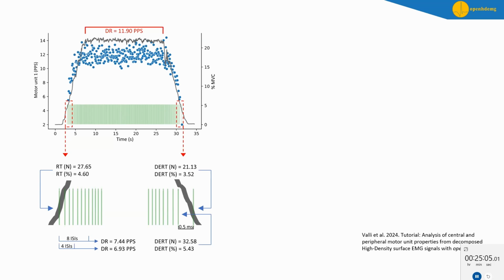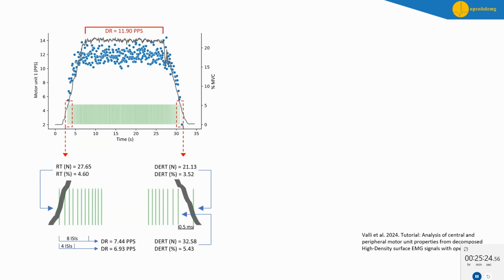And indeed, this is also often named pulses per second. Of course, we have a contraction. It can be a steady state, but it can be a ramp, a triangle, a trapezoid, whatever you want. And most important, we have variability.